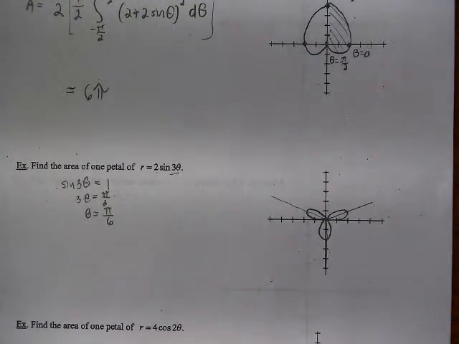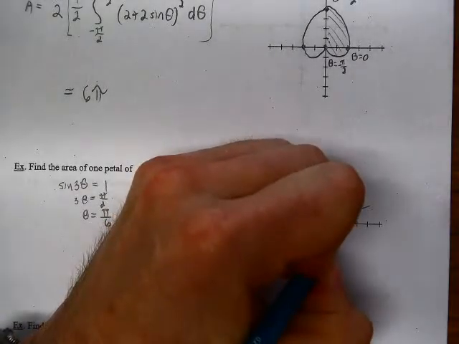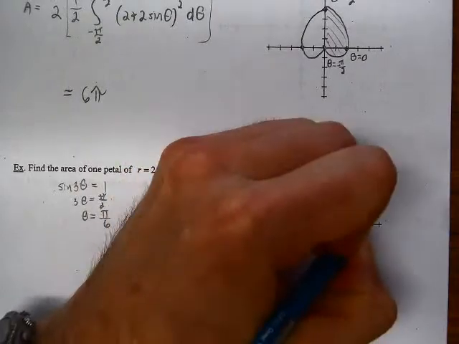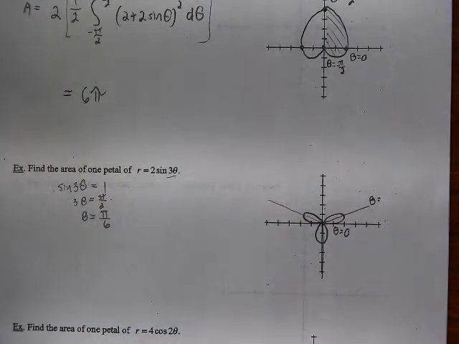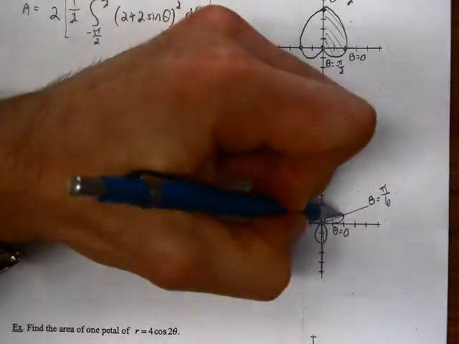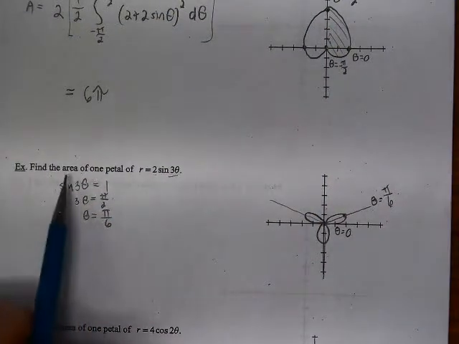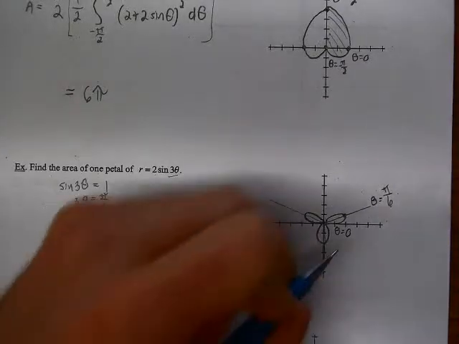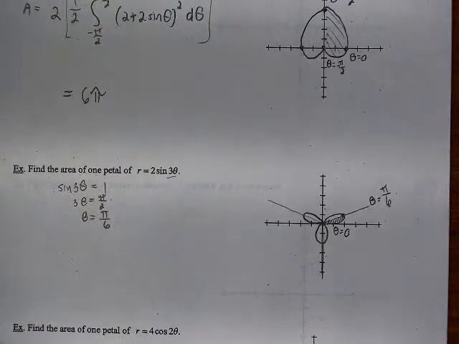My radius is 0 when theta equals 0, and it reaches its longest length when theta is pi over 6, where r equals 2, so I get out to the maximum there. I've been asked to find the area of one petal, so I'm going to calculate the area of half a petal and then double it.